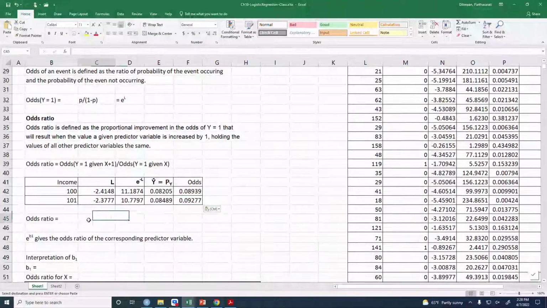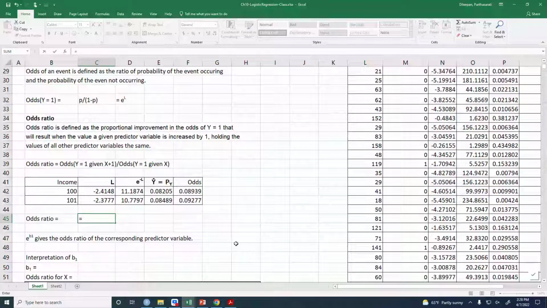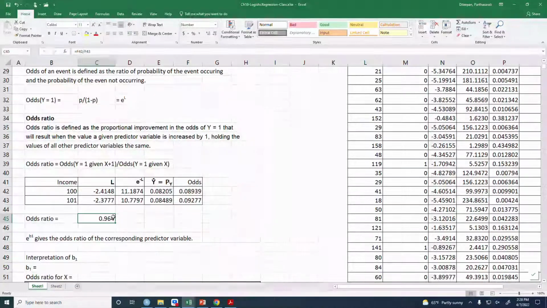So now we can compute what is called odds ratio. What this means is that the odds of target equal to 1 increase, for each unit of income, by a factor of 0.964.